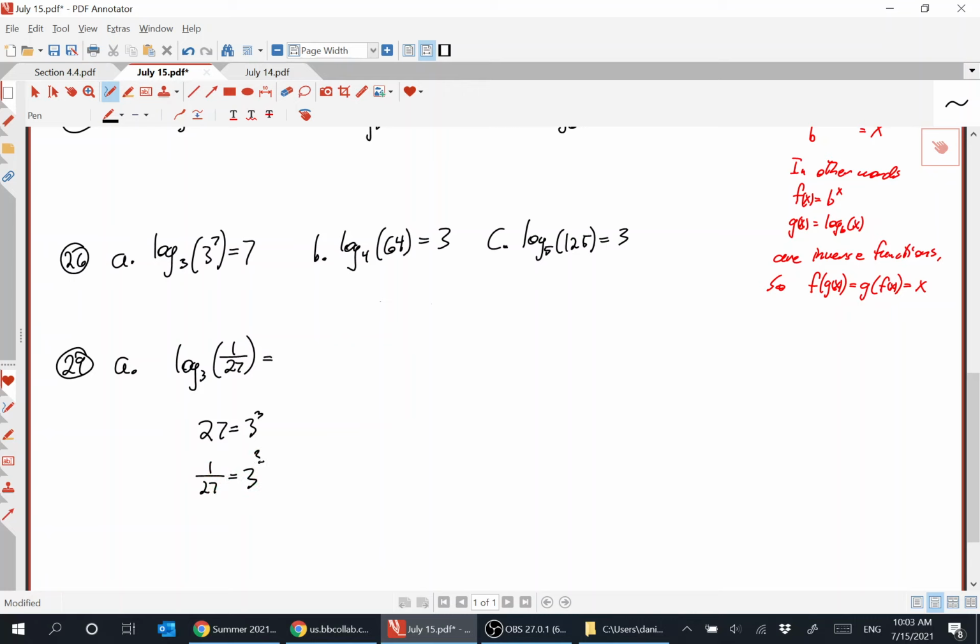Which exponent goes up here if you want 1 over 27? Negative 3. To get reciprocals with exponents, you negate them. So x to the minus n is equal to 1 over x to the n. That's the way you change a negative exponent to a positive exponent.